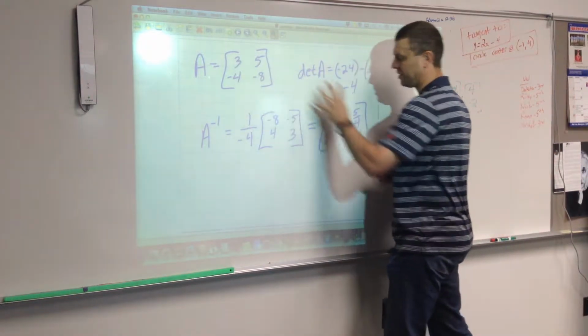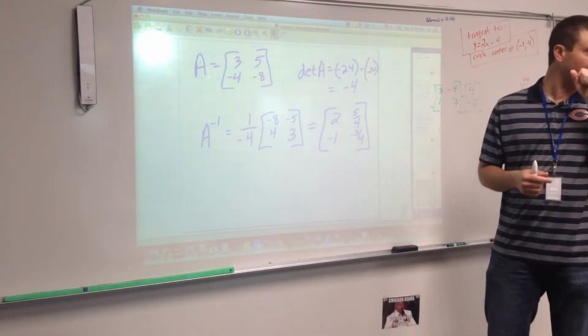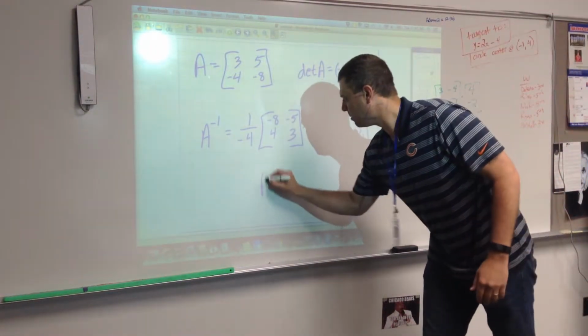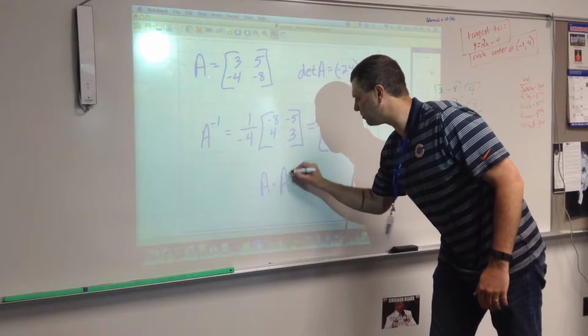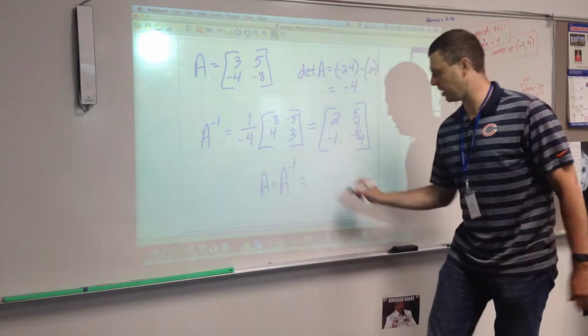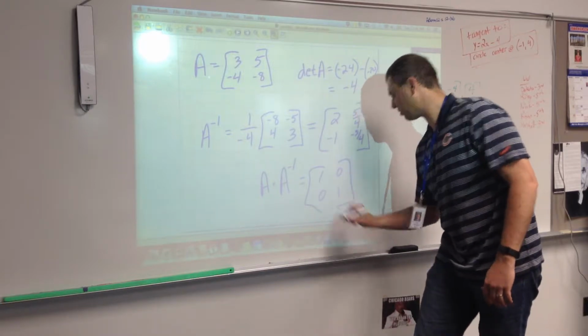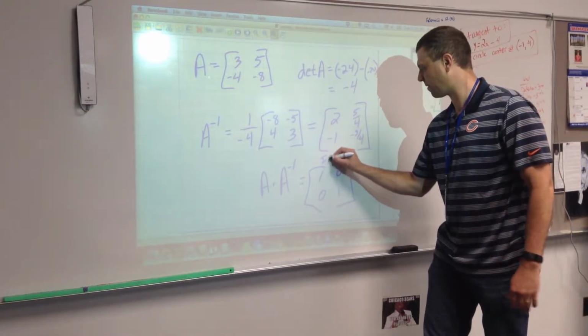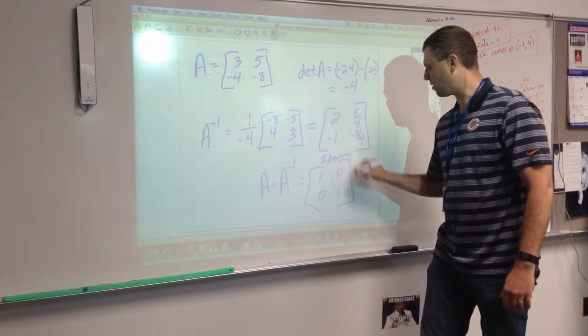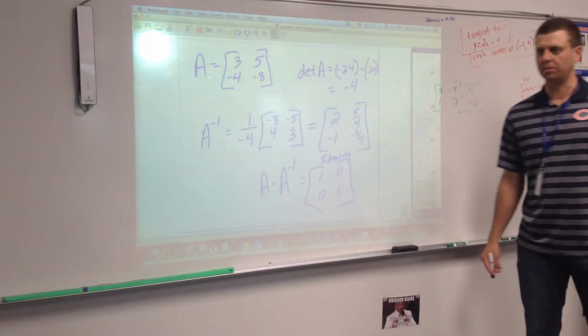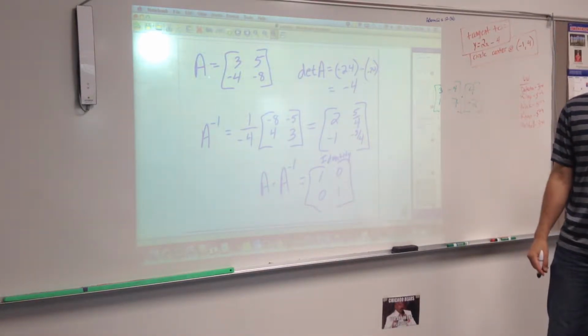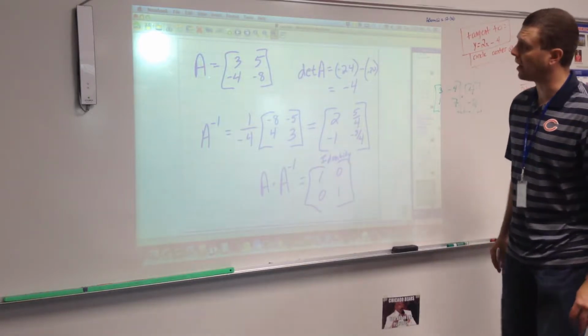Either way, when I multiply these two together, I will get that identity matrix. If I take matrix A times the inverse of A, I will get that 1, 0, 0, 1 matrix. I will get the identity. Okay? How do we feel about that concept? Pretty good.